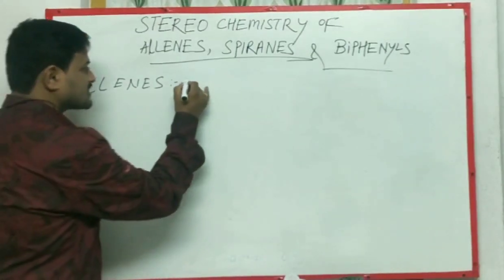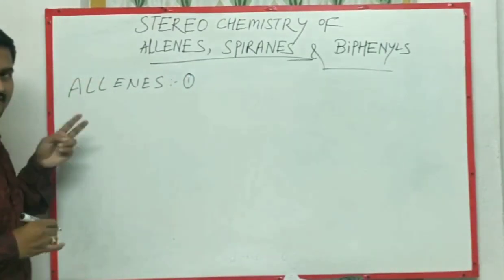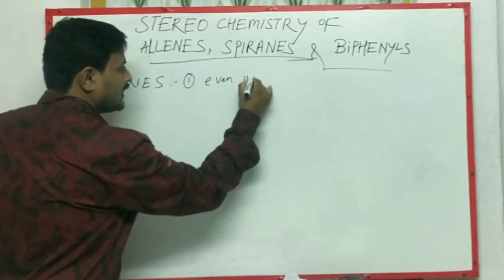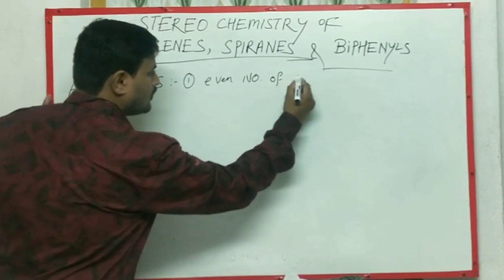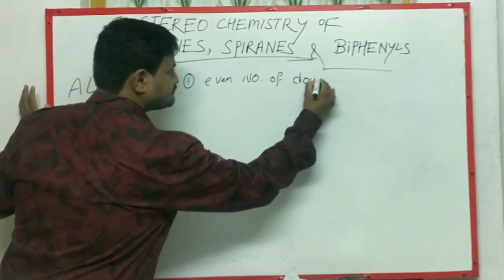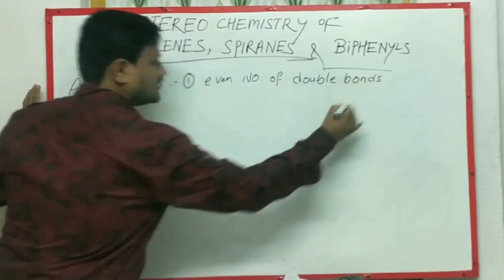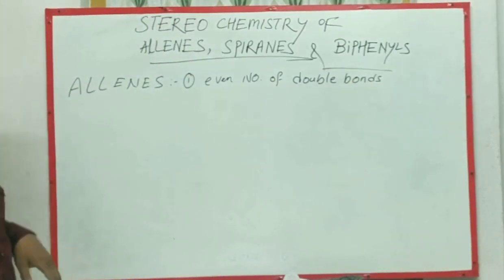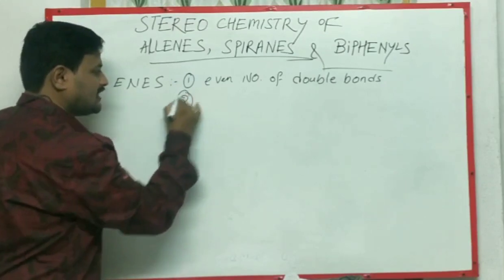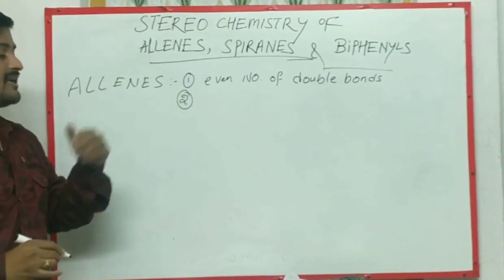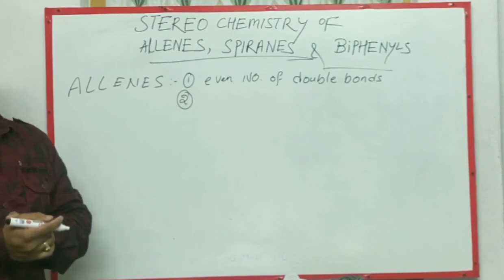The first condition is an even number of double bonds. And the second condition is proper arrangement of terminal atoms.